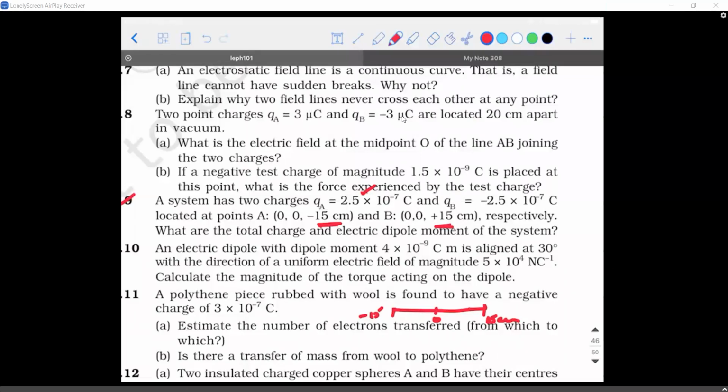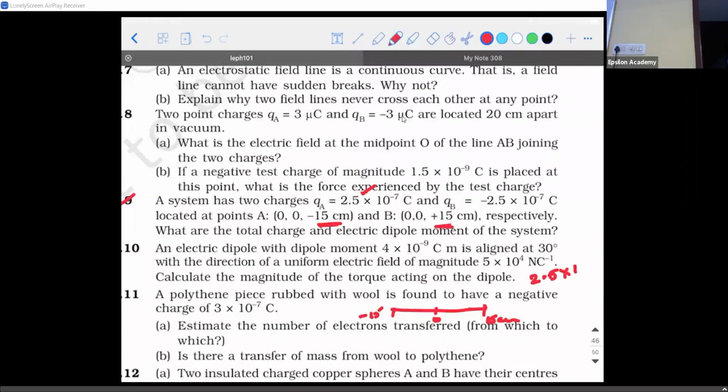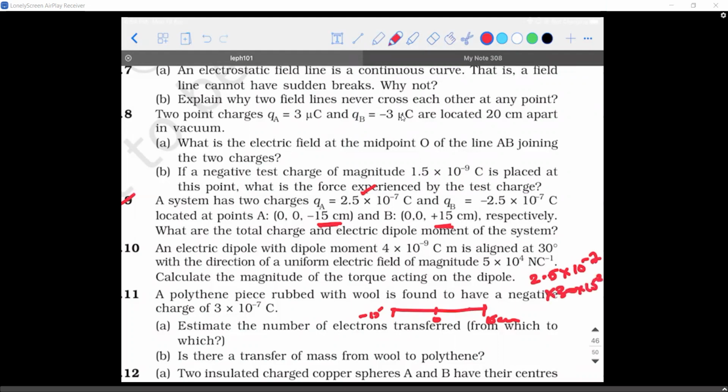Yes, right. So 2.5 into 10 power minus 7 into 30 into 10 power minus 2 gives 7.5 into 10 to the power minus 8. So whatever is the answer, that's going to be the required solution. Okay.